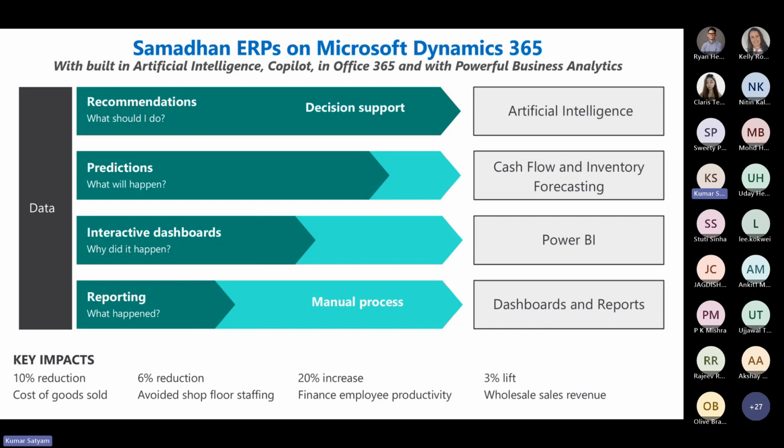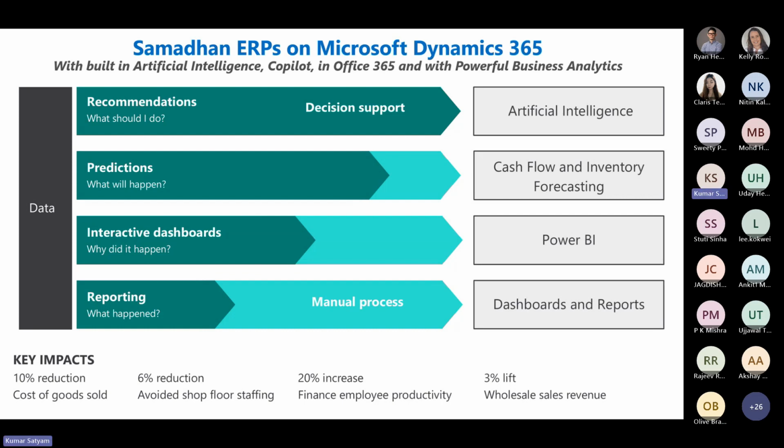It's real-time data, and it is data driven, not at the whims and fancy of somebody. So that is how we start from being manual in our processes to becoming more and more automated, to the extent where the ERP, the system, gives us decision support in our decision making.